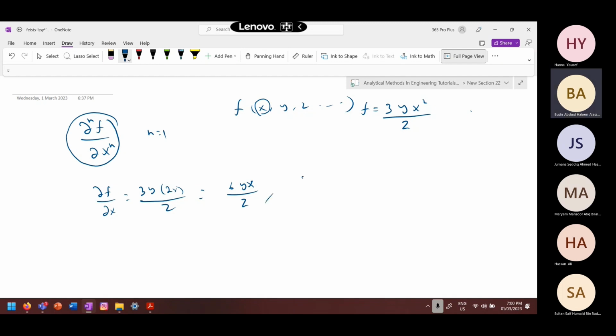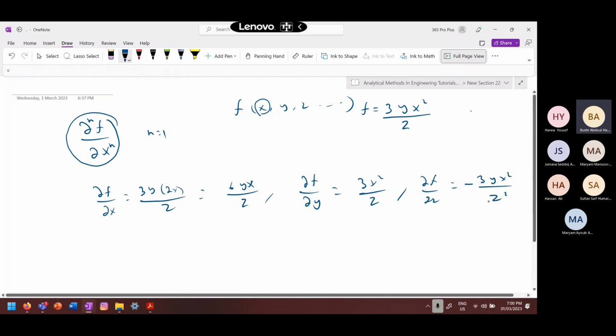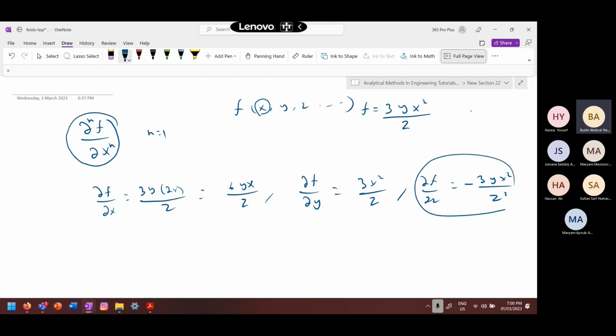You can do the same thing over any other variable. Let's say y, you'll be having 3x squared over z. The same thing can happen on partial f over partial z, to be equal to negative 3yx squared over z squared. Do you know how we got this?